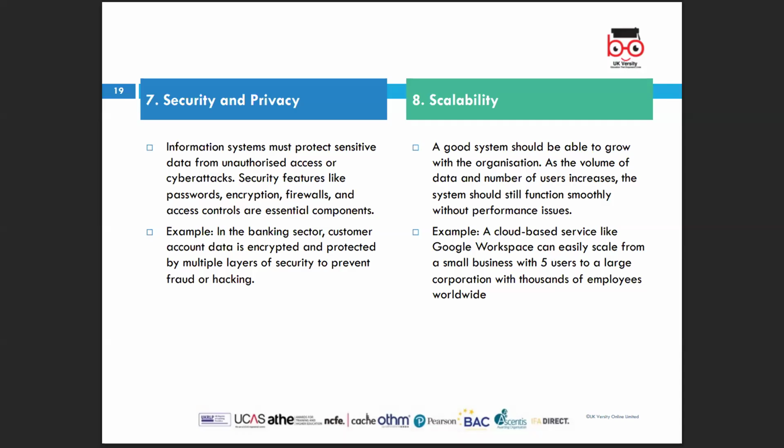When it comes to scalability, a good system should be able to grow with the organization as the volume of data and number of users increase. The system should still function smoothly without performance issues.